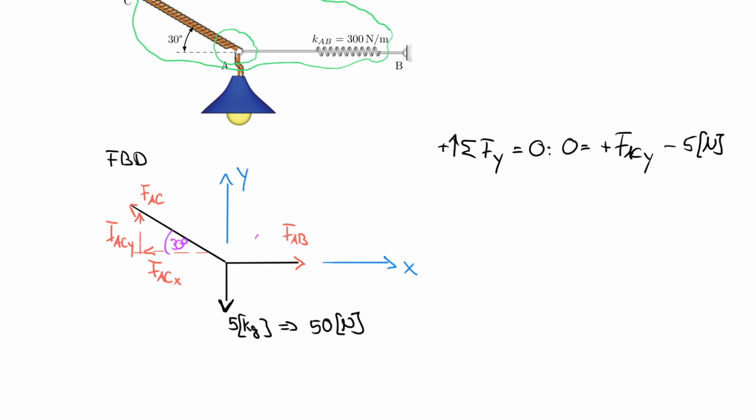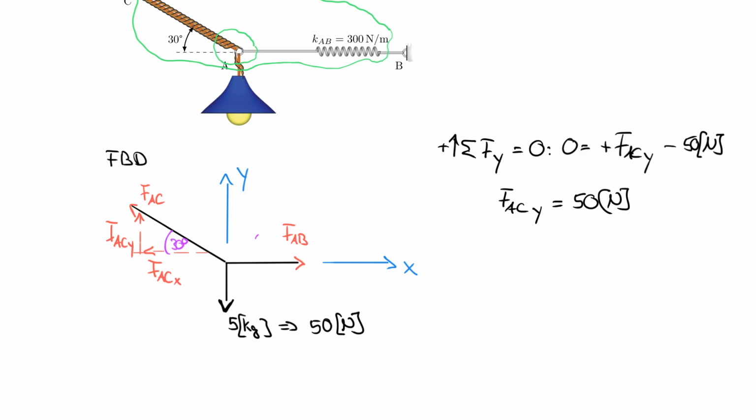And again, if I were in an exam, unless I'm specifically asked to write down this equation, and most often you will be asked, but if I'm not in an exam, I would have just stated that FACY is equal to 50 Newton. Let's fix that. So 50 Newton.